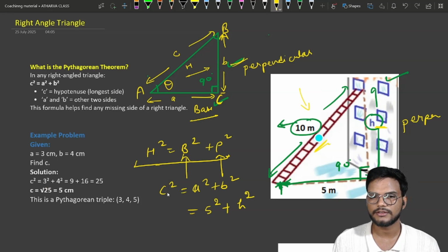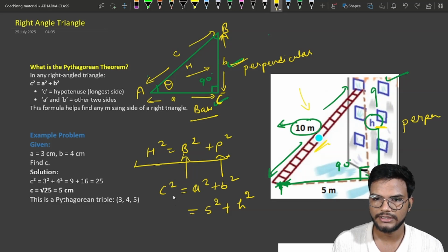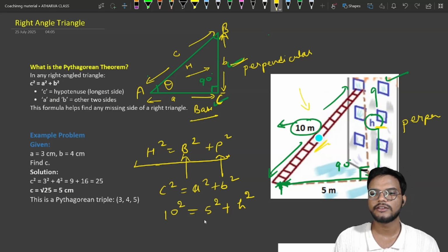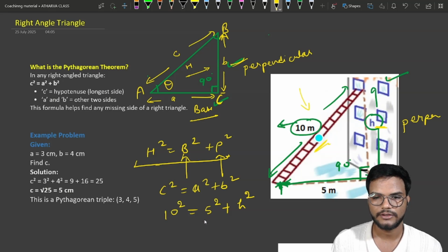Now what is c? It is the value 10, so we use 10 square. Now we can solve this and find the value of h. So 10 square minus 5 square equals h square.